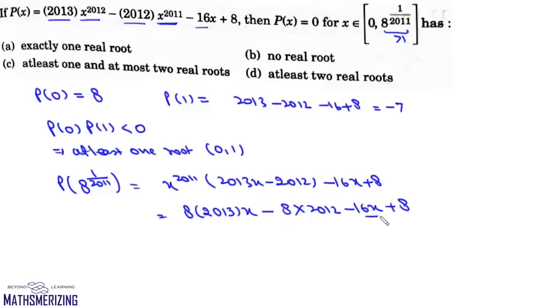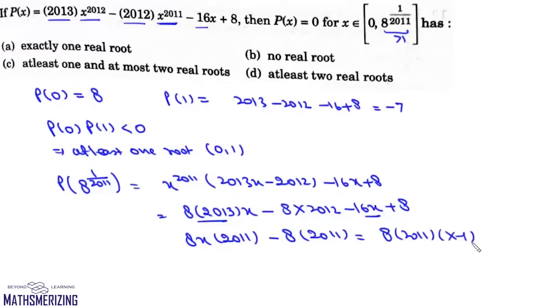Now here we'll take these two together. If we take 8x common, it will be 2011, and here also if we take 8 common, it will be 2011. So we can write this as 8 into 2011 into (x minus 1). Now since this value of x is greater than 1, this value is again greater than 0.